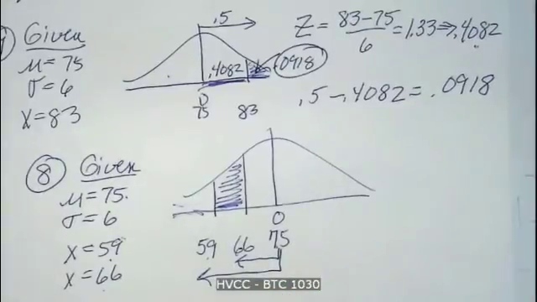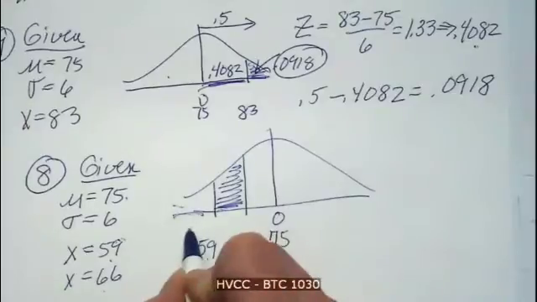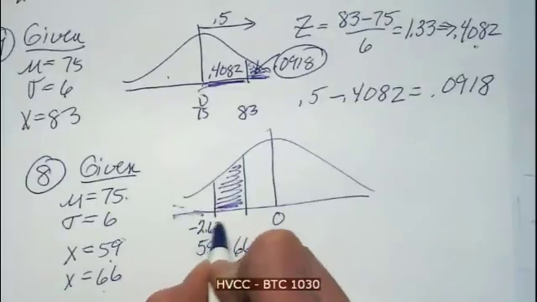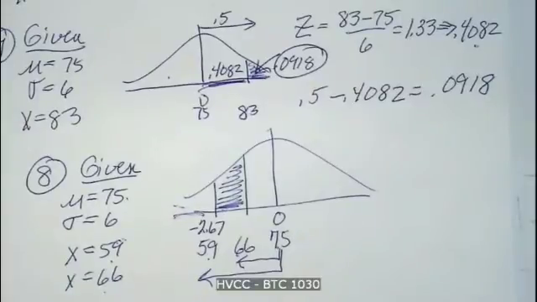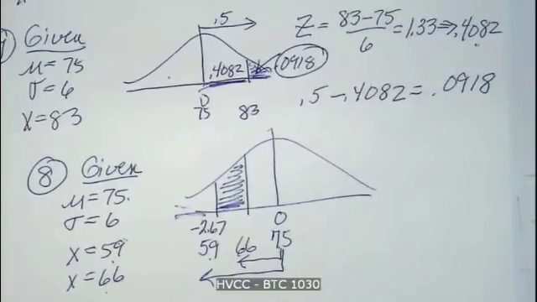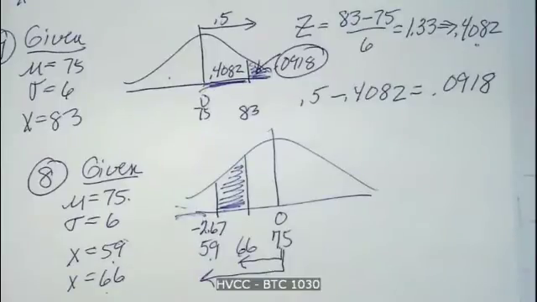So Z, 59 minus 75 divided by 6 is negative 2.67. The other z is 66 minus 75 over 6, and that gives me a negative 1.5.